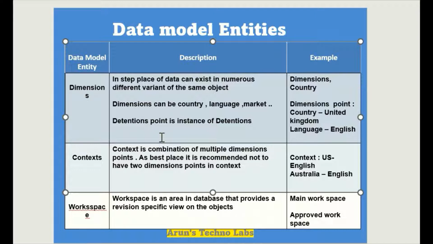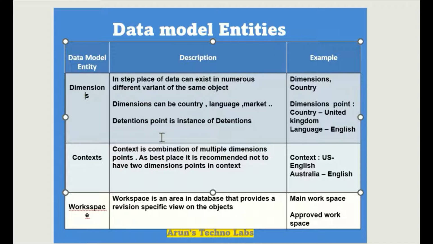It is one of the important attributes for storing any market information, the nature of it, where it originated from. What is the length, width, all the dimensions can be stored in these attributes. And context is a group of dimensions. It's a combination of multiple dimensions.